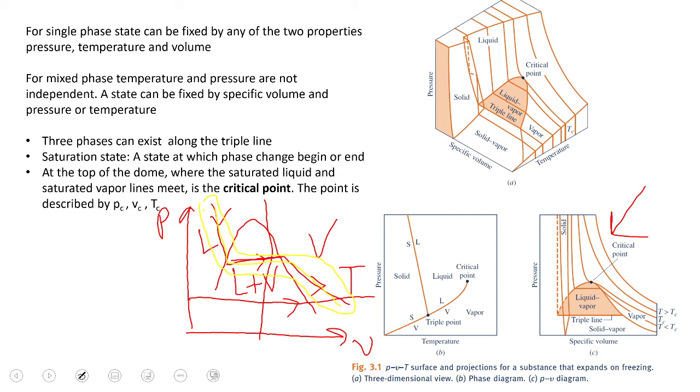So coming back to the statement, for a single phase, a state can be fixed by any two properties. It can be pressure and temperature, or volume and temperature, or pressure and volume. So for any state, if we know two properties, let's say we know temperature and volume, we can find pressure.